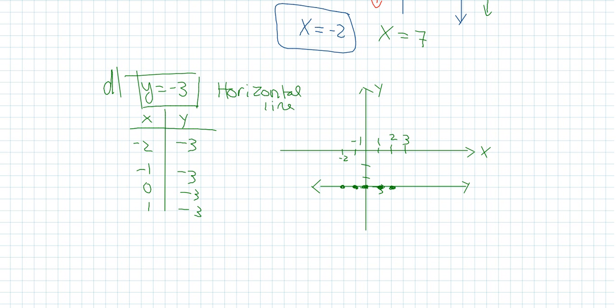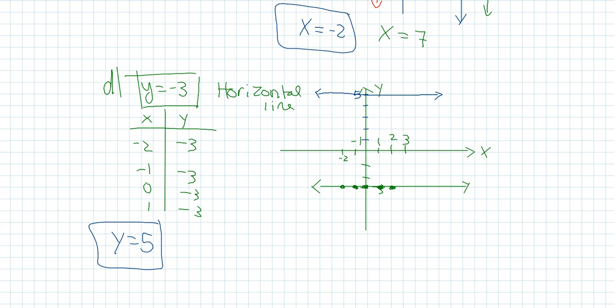What if your equation is y equals 5? Where would that be? Up at 5, right? So I'm going to have to go up to 5, 2, 3, 4, 5. And then it's a horizontal line at 5. Can we say it's parallel to the x?